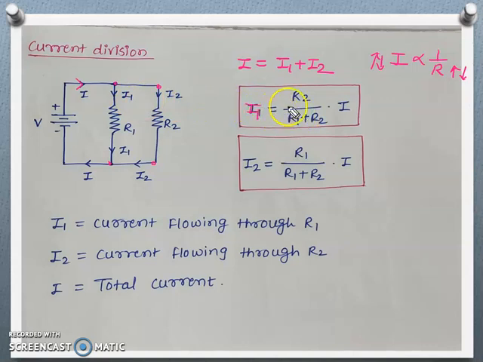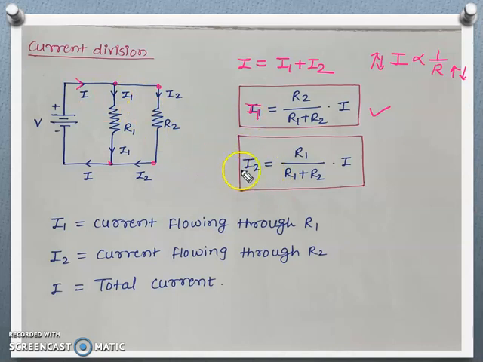I1 is equal to total current I into the opposite resistance. I1 is flowing through R1, so the opposite resistance will be R2. So, R2 divided by the sum of all, R1 plus R2, is the current flowing through R1, which is named as I1.